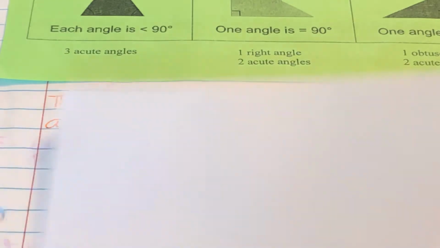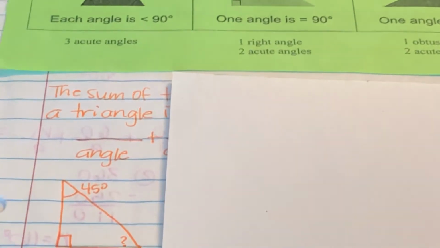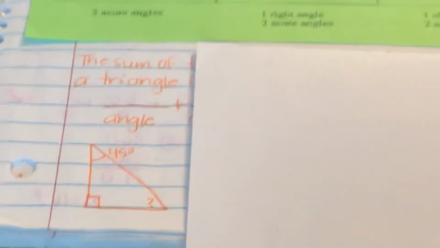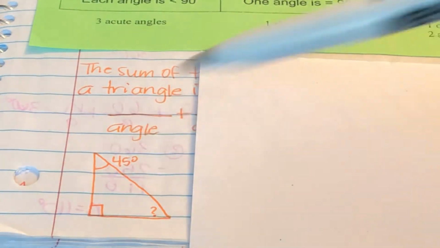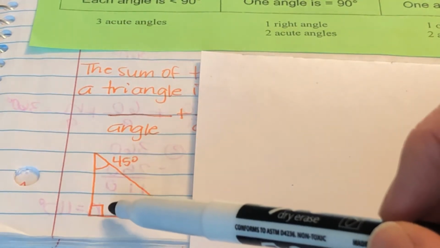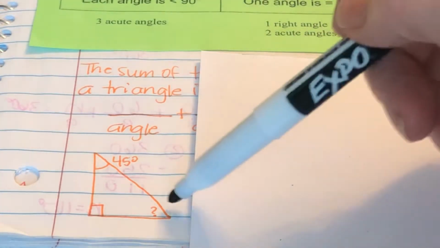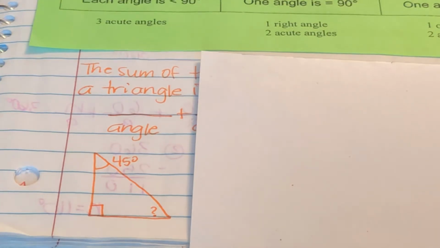So if we look at this triangle here, for instance, that I have in our notes, we can see this top angle is 45 degrees. There's no measurement here, but I see that box there, so I automatically know that that's 90 degrees. So I have two of my angles, and I don't know what this angle is. It's a question mark. We got to figure it out.